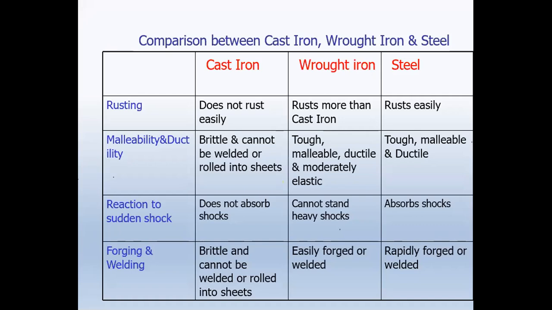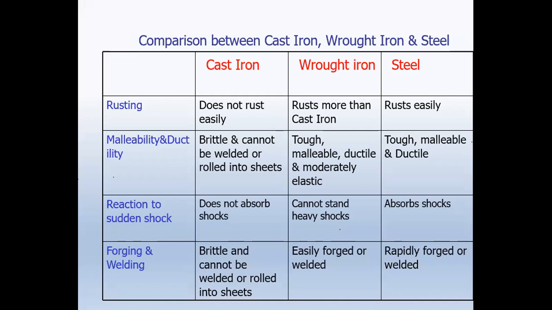Because it has low carbon content as compared to cast iron, it is moderately elastic and moderately ductile. But still, with the average carbon content, this one is tough. It is malleable, that is, it can be formed into other shapes. And it is also ductile.